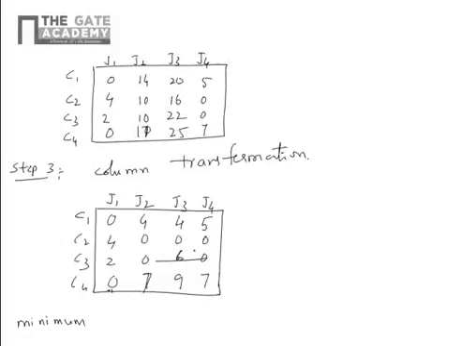Here I am using 3 lines to cancel all the zeros. Because the number of lines is less than n, which has to be 4, we cancel and then select the smallest value among the uncovered values. The smallest value is 4.